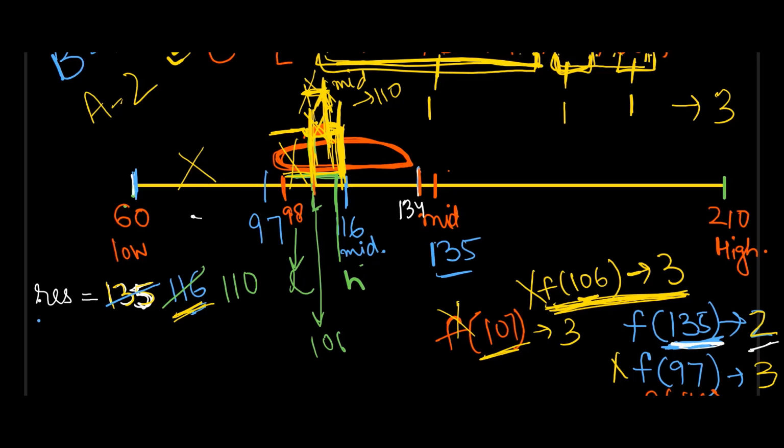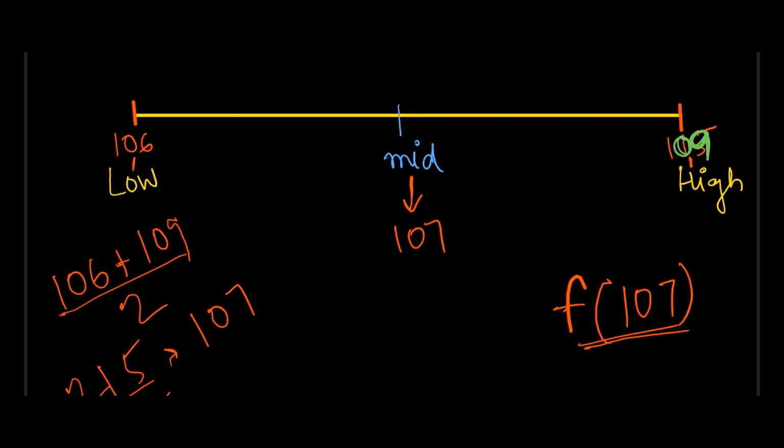So this is the minimum time 110 required to paint the entire board with the help of 2 painters. So hopefully you understood this approach of binary search in solving the painter partition problem.